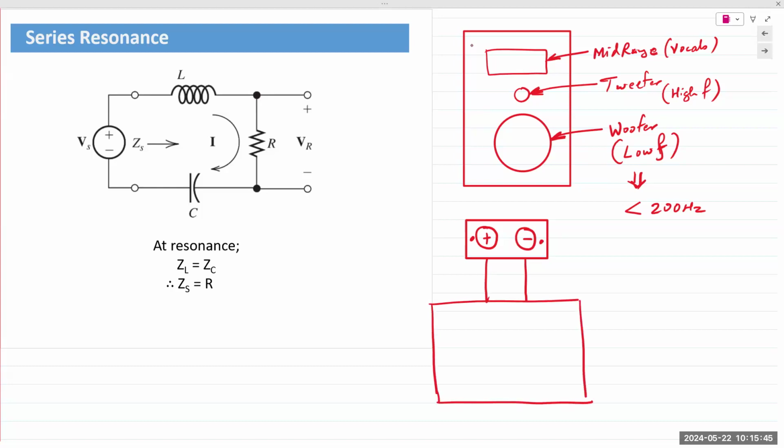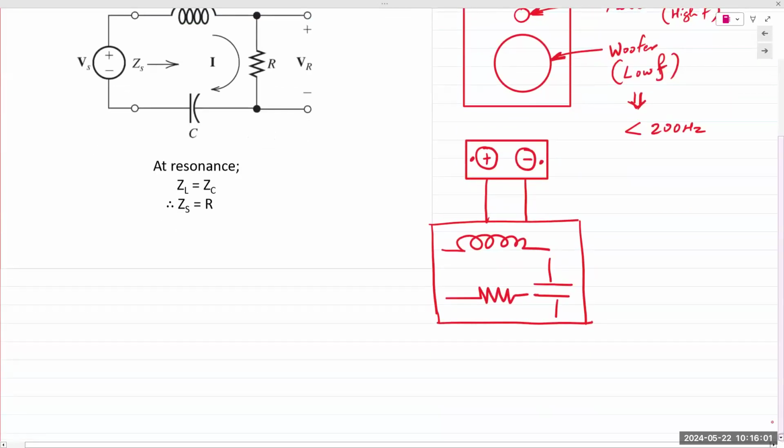And that circuit will have some large inductive coils, some huge capacitors, and a few resistors. And the circuit will actually split up that single input into 3 different outputs.